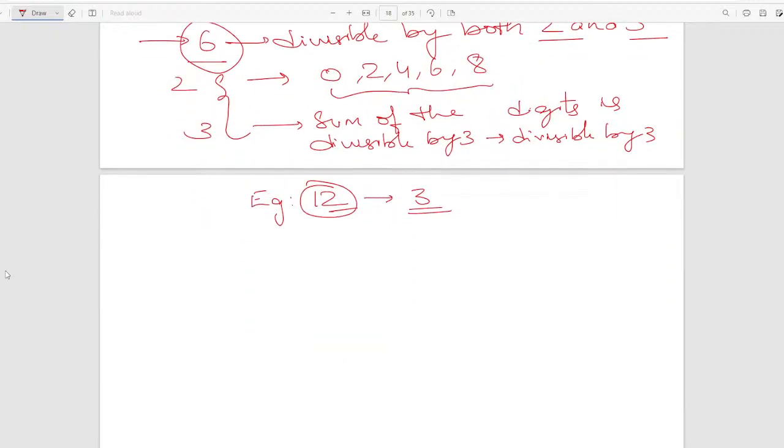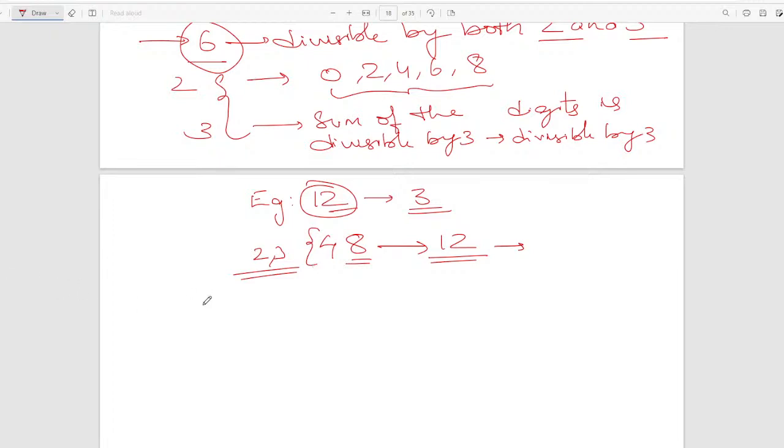I hope this is clear. We can take another example like this. This is divisible by 2, and 8 plus 4 is 12. 12 is divisible by 3. So this number is divisible by both 2 and 3, hence it's divisible by 6.